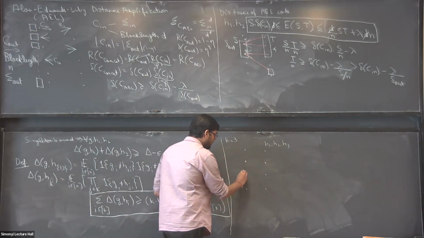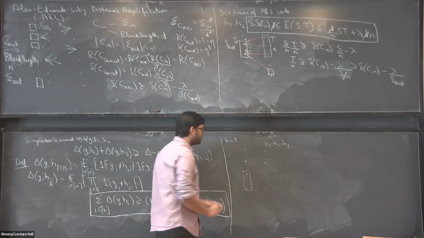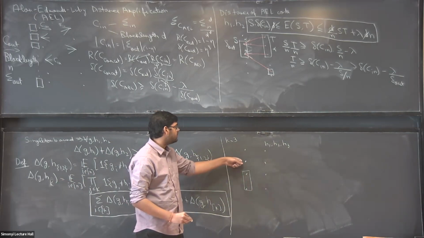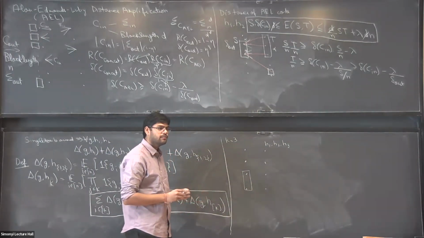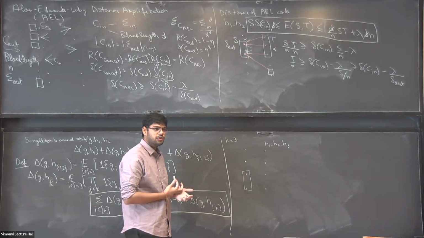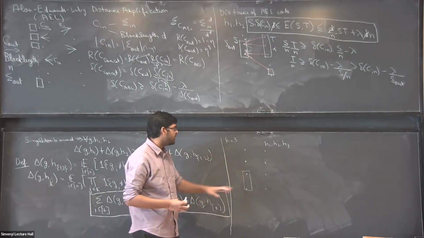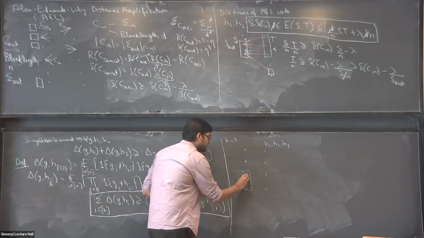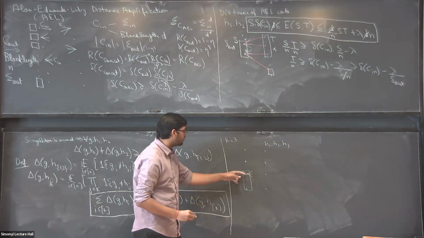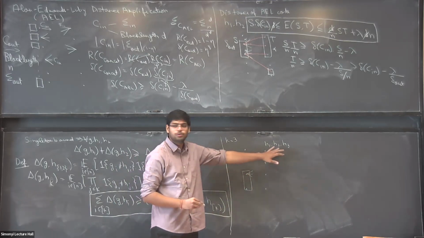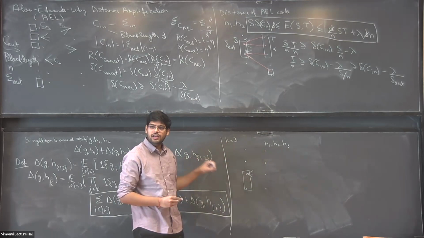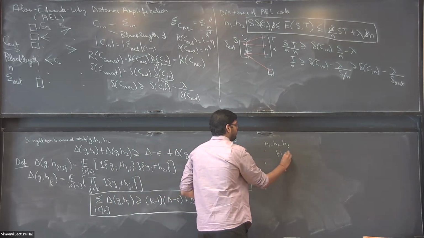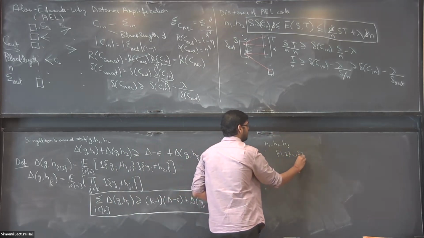First of all, there must be at least some delta out fraction where not all are equal on these local vertices. There might be vertices where H1, H2, H3 are all equal. There's no reason for them not to be. But at least in some constant fraction, they will not be all equal. And each vertex here, based on the local value, kind of partitions the set 1, 2, 3.